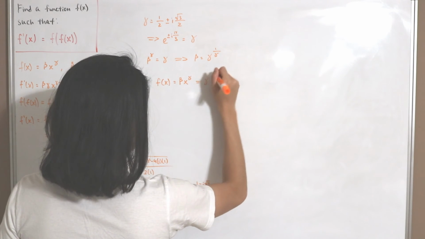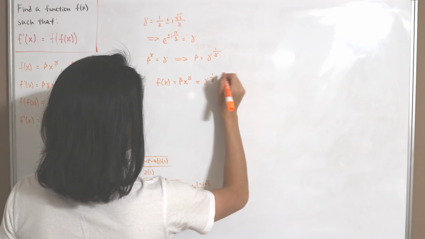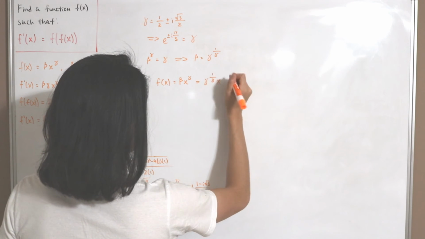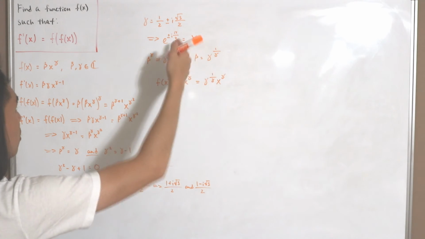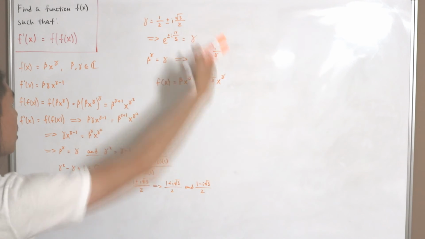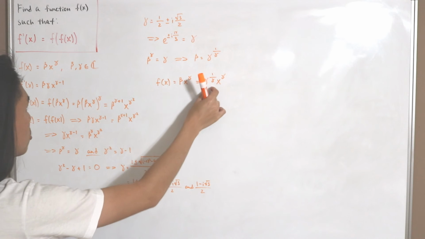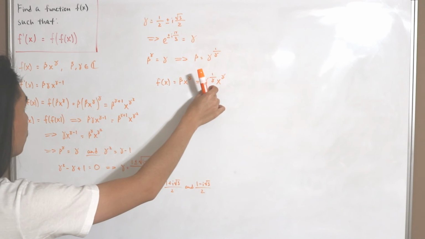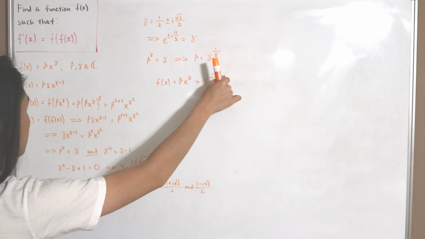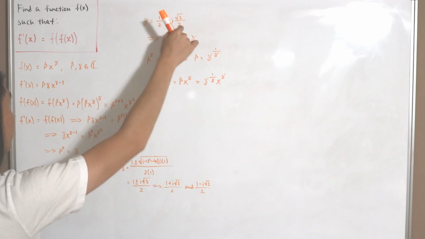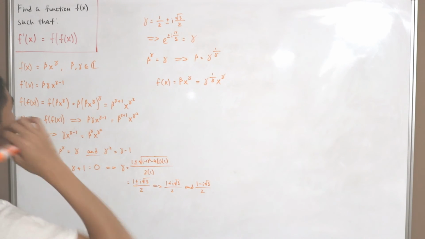So we have that this is gamma to the power 1 over gamma, and then x to the power gamma. Now the last thing is just plug in our gamma. For the first term in particular, I'm going to keep it in the polar form, and for the gamma over here, with x to the power gamma, I'll write it out in its evaluated form.